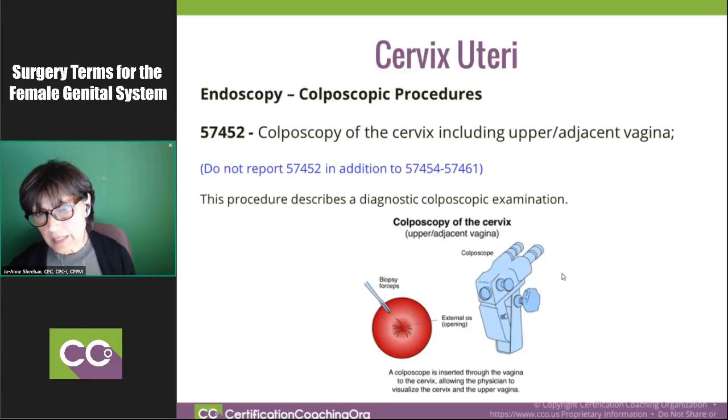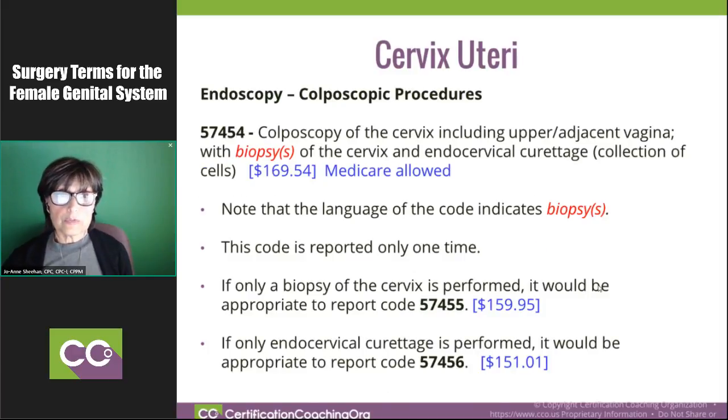But here's another picture of the colposcope, and this is the external opening, and this is the biopsy forceps. A colposcope is inserted through the vagina to the cervix, allowing the physician to visualize the cervix and the upper vagina. Now, 57454 is another colposcopy of the cervix, including upper adjacent vagina, with one biopsy or multiple biopsies of the cervix and endocervical curettage, which means the collection of cells.